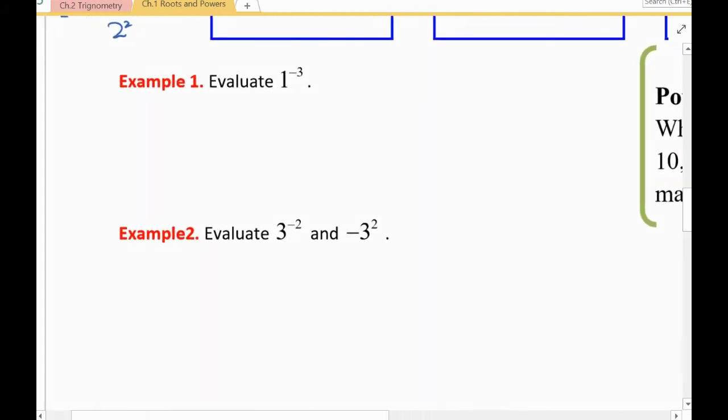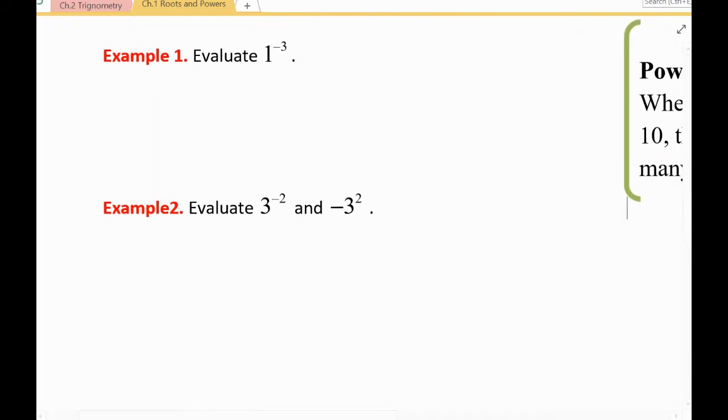Okay, I want you to look at example 1. Evaluate 1 to the power of negative 1. So let's flip the base. Base is 1. If you flip the base, it becomes 1 over 1 to the power of 1, which is just 1.